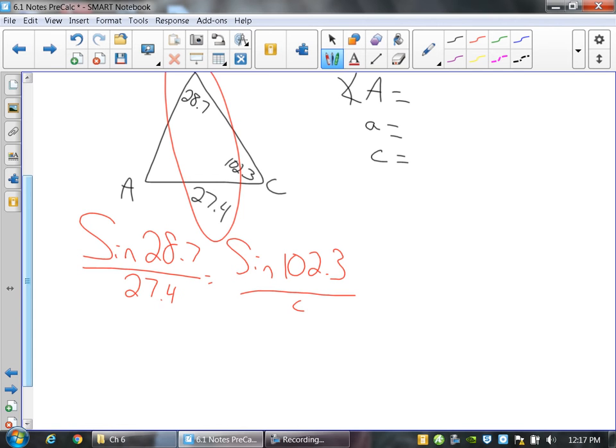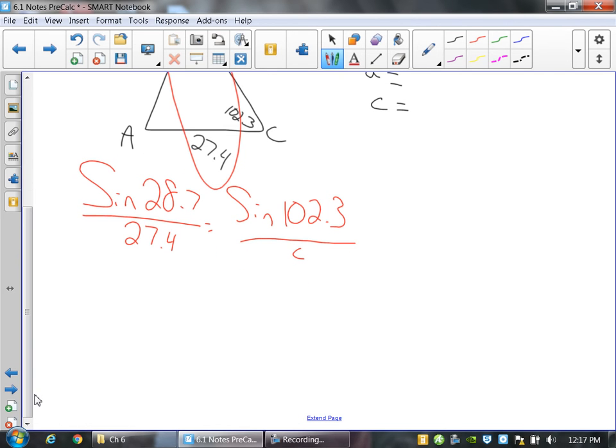Fraction equals fraction. What do I do? Cross multiply. Remember, the sine of 28 and change is just some crummy number. So how do you undo multiplying by some crummy number?